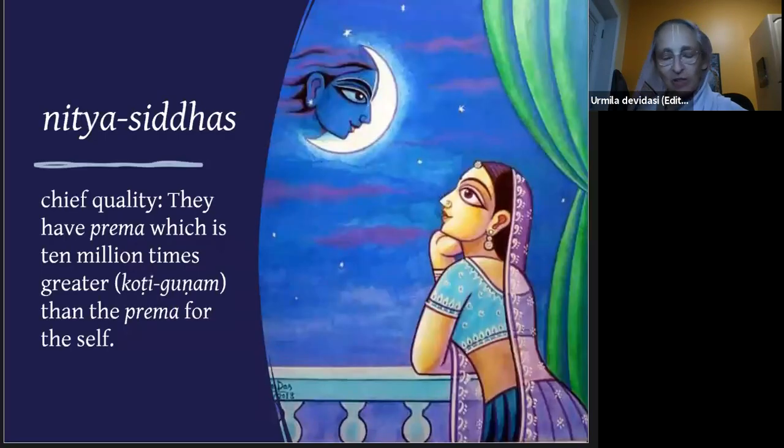So the chief quality that Rupa Goswami gives to understand who are the nitya siddhas is that their love for Krishna is 10 million times more than their love for themselves. Now, this means that they have a lot of love for themselves. Krishna says in the 6th chapter, those who relish and rejoice in the self.